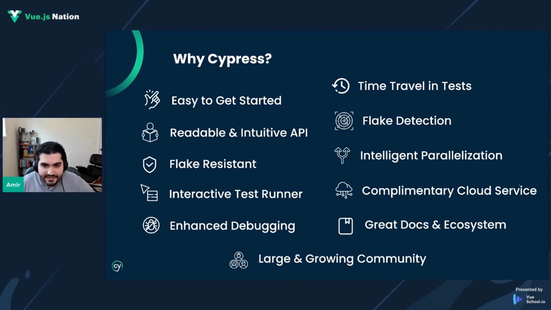As you just saw, it has this interactive test runner, which is quite an enjoyable experience. You also get a much better enhanced debugging experience. One of my favorites is the ability to time travel through your test execution to see the state of your application at every point in time where an action is taken or an assertion is made.